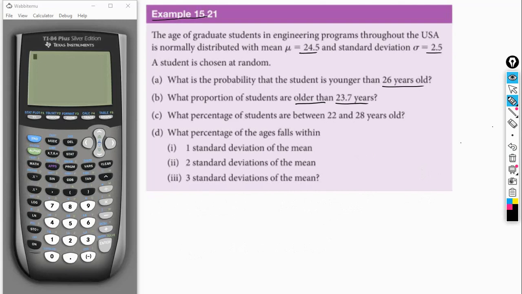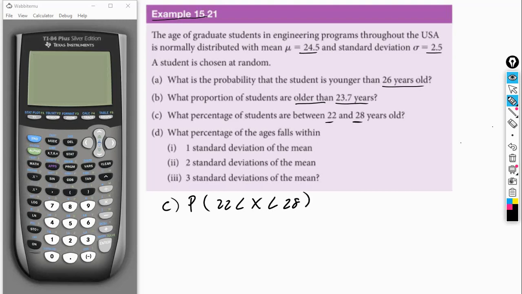So for part C, they ask, what percentage of students are between 22 and 28 years old? So that means the probability that the random variable x is between 22 and 28. But again, let's standardize this.